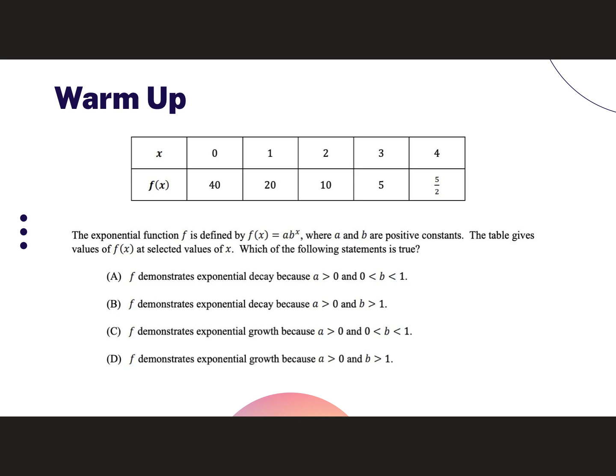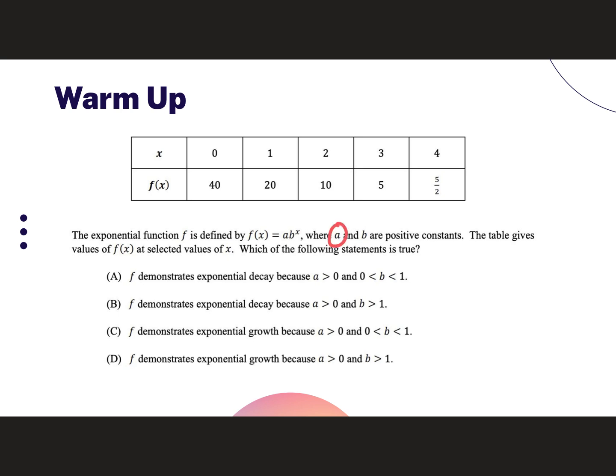And looking at our multiple choice options, the first half of each statement is describing function f as either an exponential decay or growth scenario, and then the second half of each option is explaining why. So before we analyze which option is correct, let's think about what our exponential function would look like based off of our data.